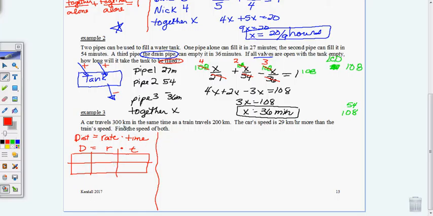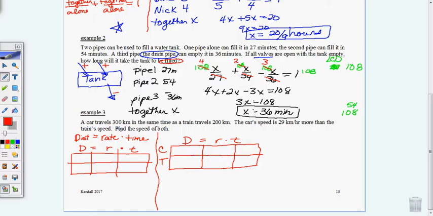A car is traveling 300 kilometers in the same direction as a train is traveling. The car's speed is 29 kilometers more than the train's. Find the speed of both. So distance equals rate times time. Here is my organizational box: time, rate, distance, and I have a car and a train.